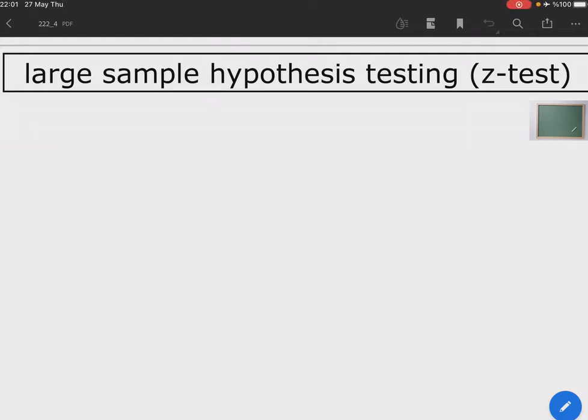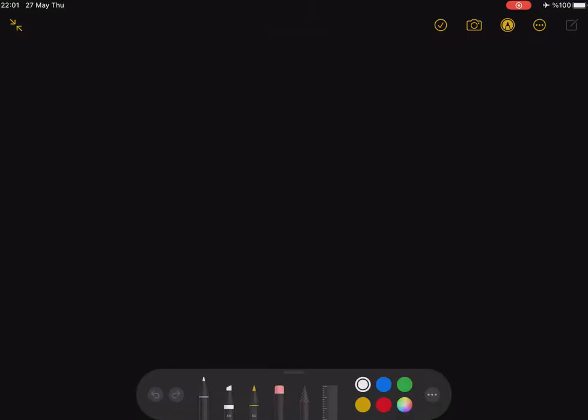So we're going to talk about large sample hypothesis testing, also known as the z-test. Let's try to introduce it.